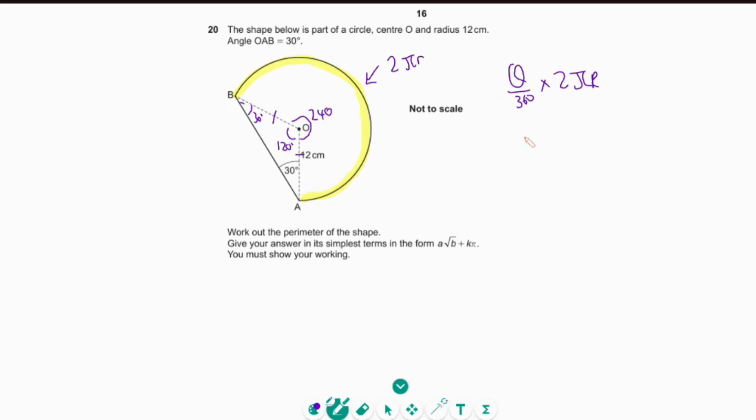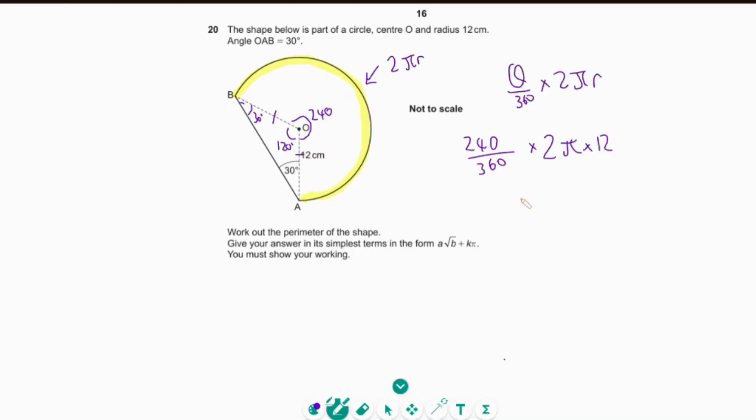Okay, so we know that yellow arc there is theta over 360 times 2 times pi times the radius, which is 12.